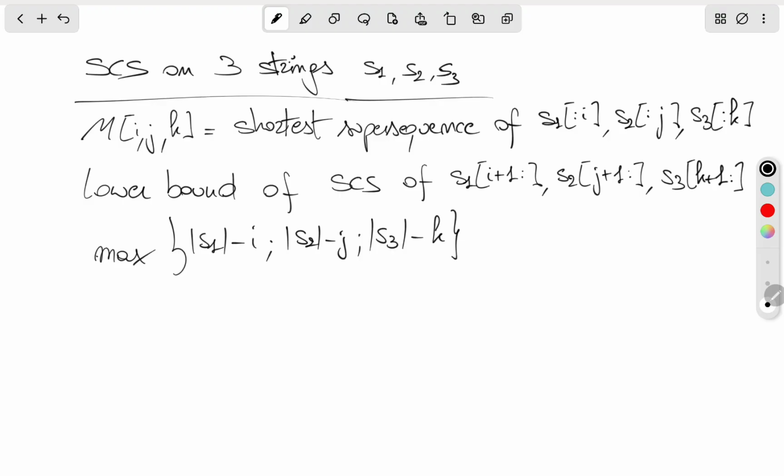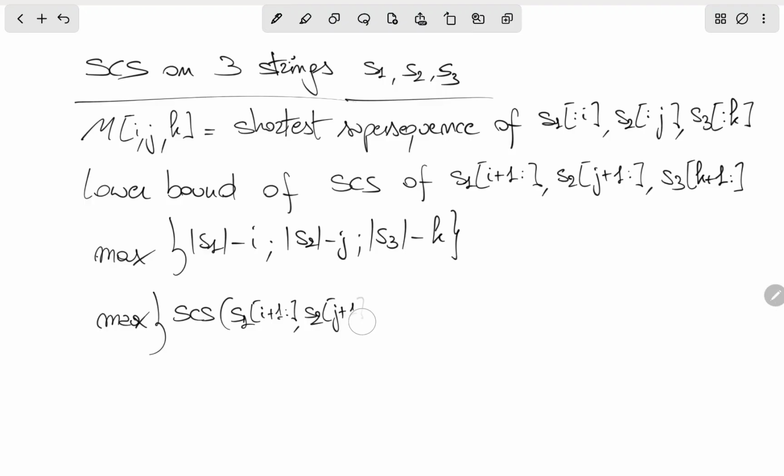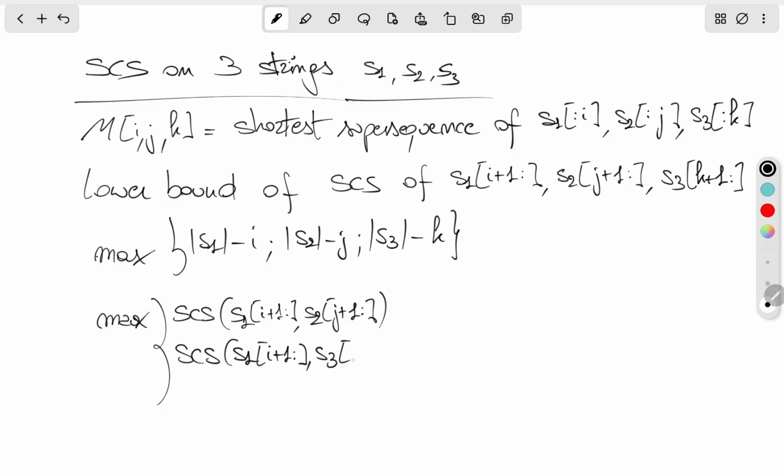So a better lower bound is the maximum of the SCS of S1 from i+1, S2 from j+1, and the SCS of S1 from i+1, S3 from k+1.